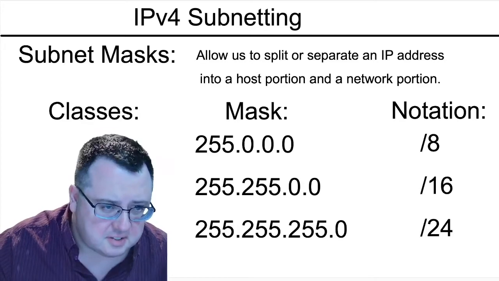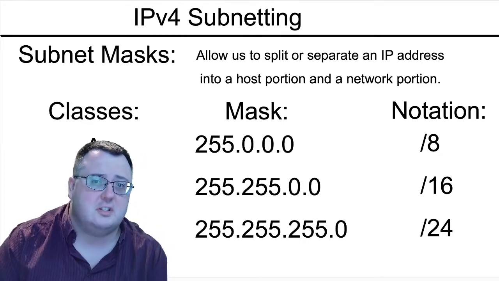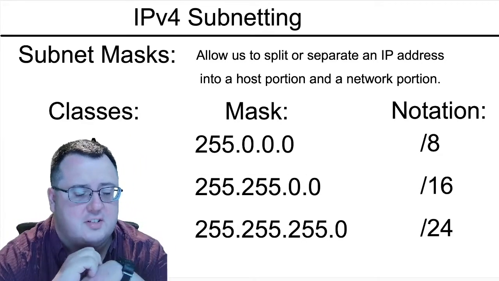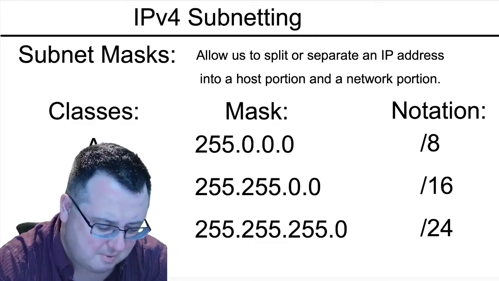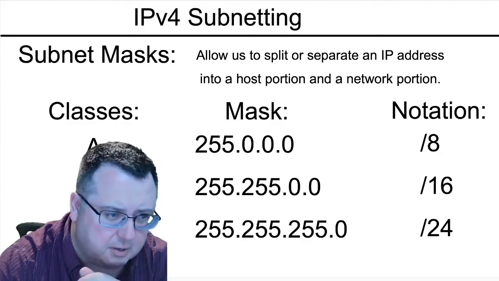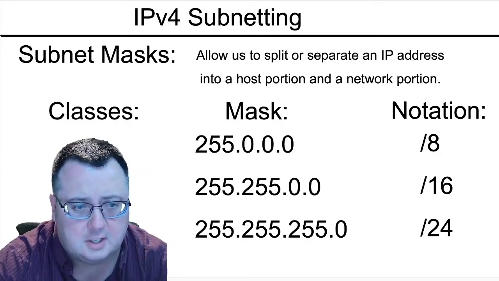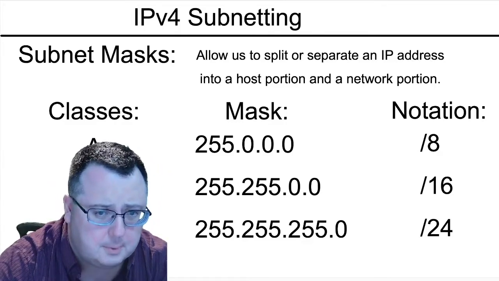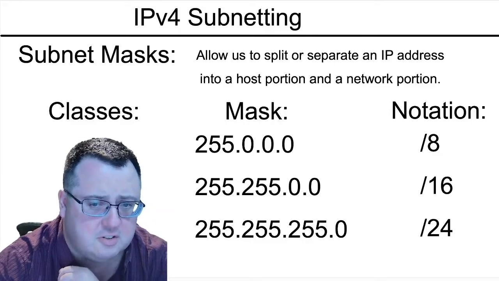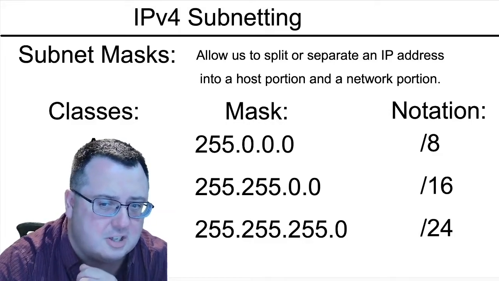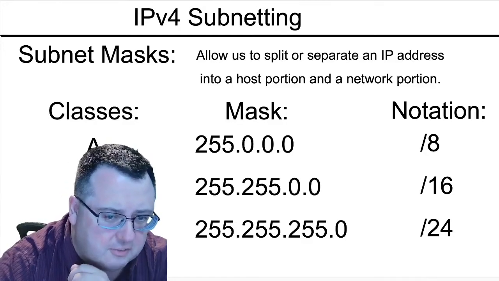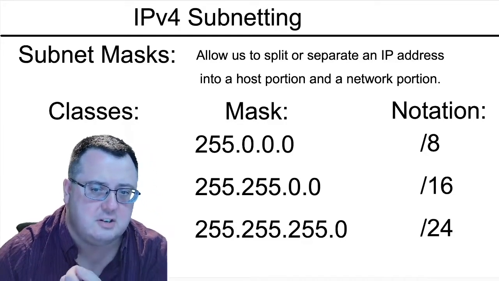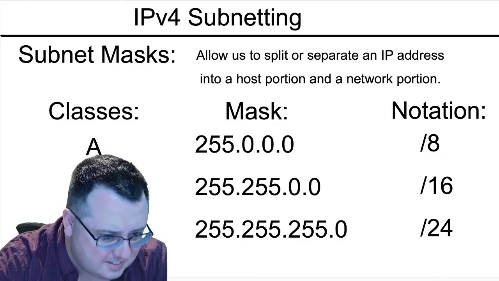Subnet masks. These allow us to separate an IP address into a host portion and a network portion. So this is where we really get going with the subnetting. For Class A, the mask will be 255.0.0.0, or it has a notation of /8. For B, it's 255.255.0.0, which is a /16.